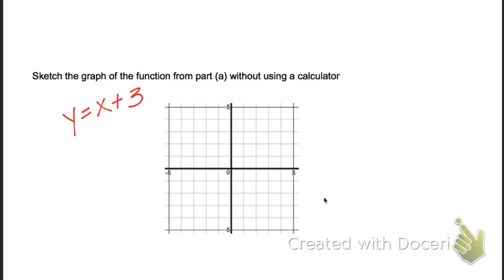Algebra 1, people. You start at 3 and then 1 over 1. Every x value has to be 3 less than the y value. So you just start at 0, 3, and then just go 1 to 1.